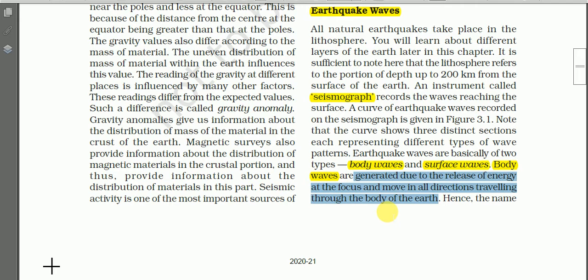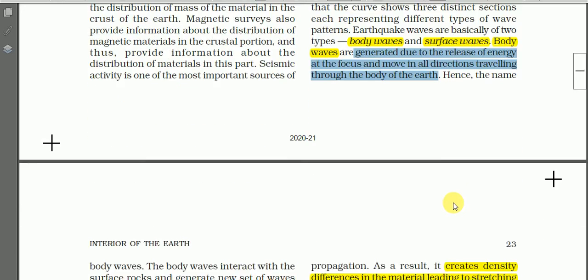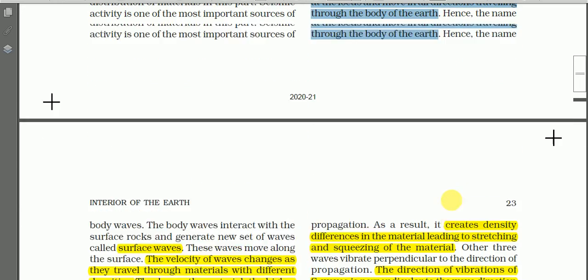Let me repeat, body waves are generated due to the release of energy at the focus. The focus means the point of origin of the earthquake, and from that focus waves move in all directions, traveling through the body of the earth, through the material, and hence the name body wave is given.